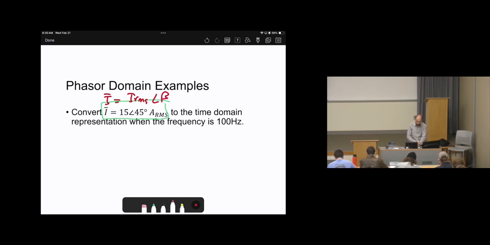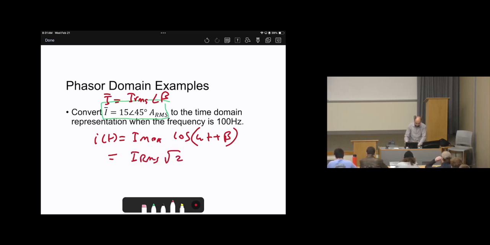To find the expression, I of t equals I max cosine omega t plus beta. Since we have the RMS, not the max, it will be I RMS times square root of 2 cosine omega t plus beta. Okay?